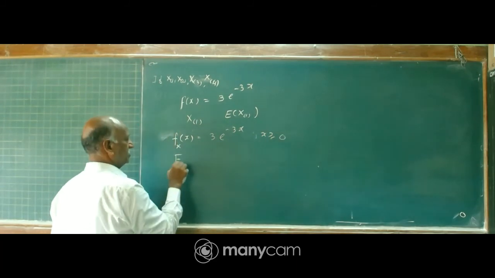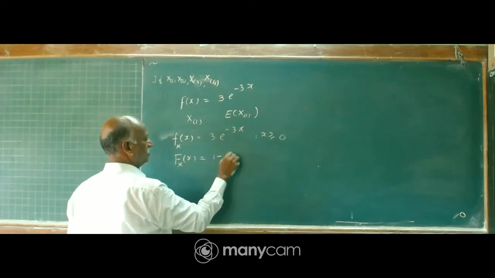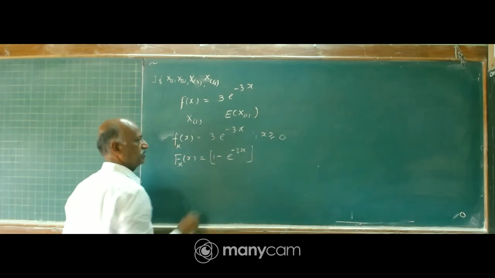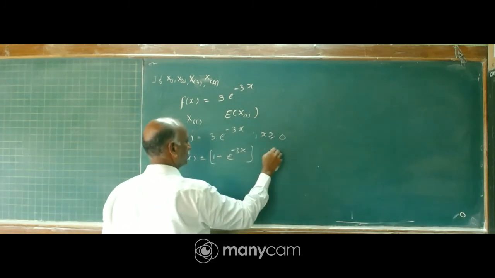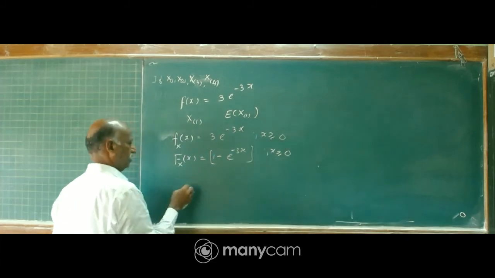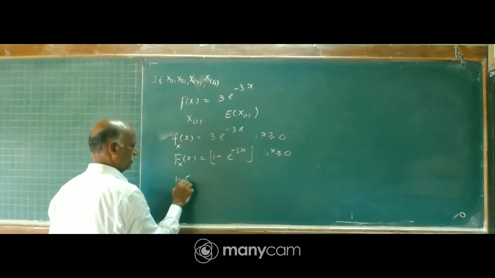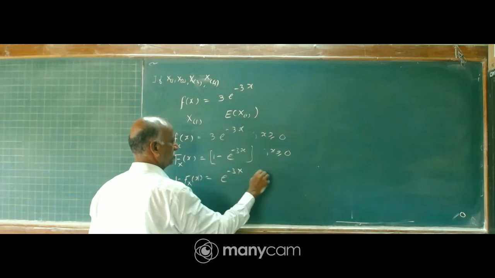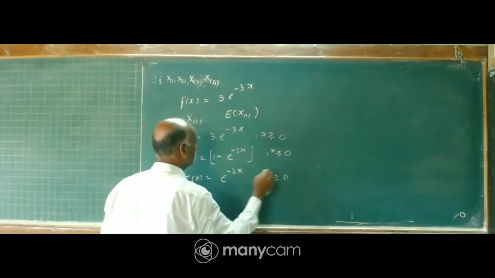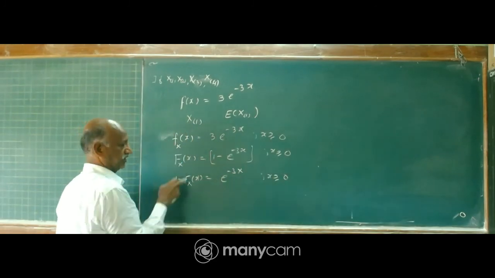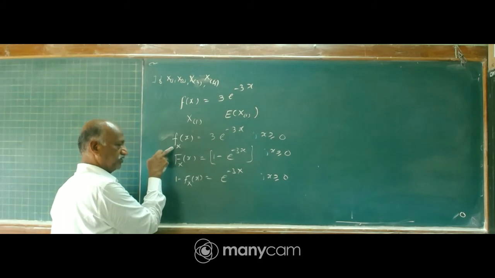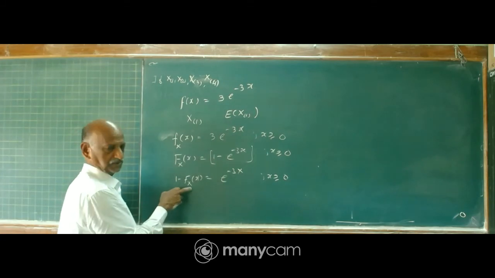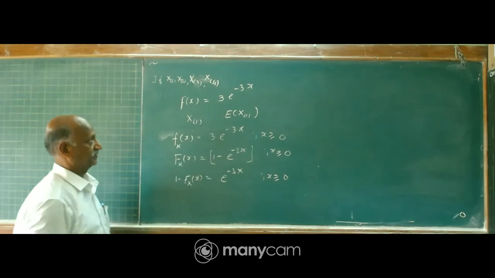The cumulative distribution function F(x) is 1 minus e raised to minus 3x for x greater than or equal to 0, and 1 minus F(x) is e raised to minus 3x for x greater than or equal to 0. These three values we know for the exponential: the pdf, the cumulative distribution function, and 1 minus the distribution function.